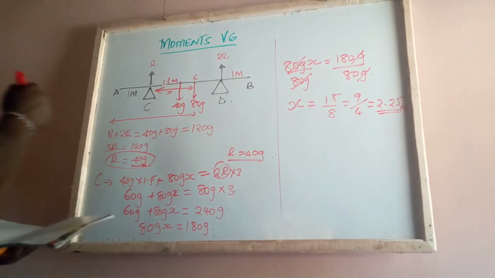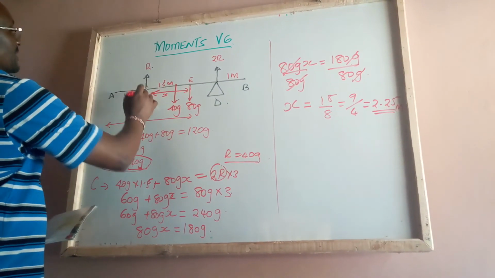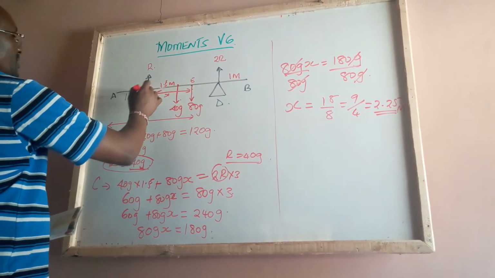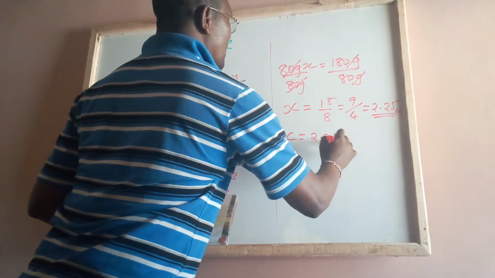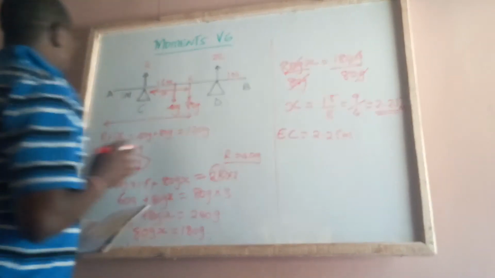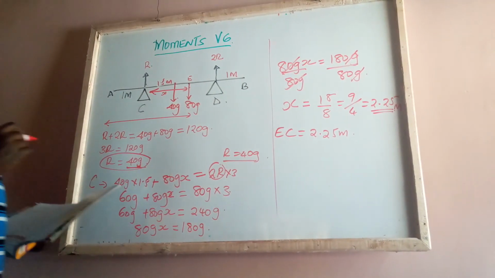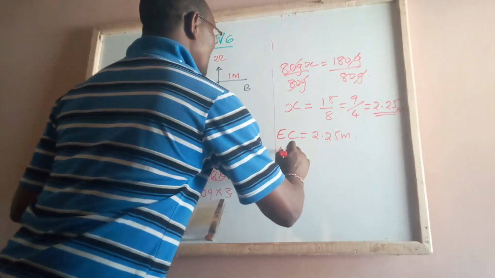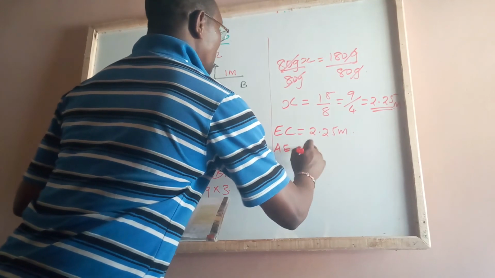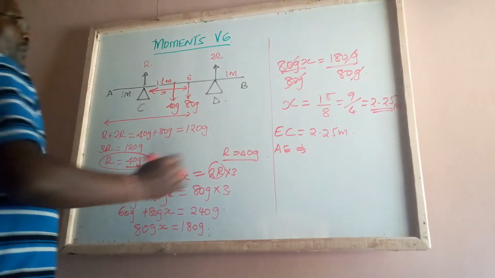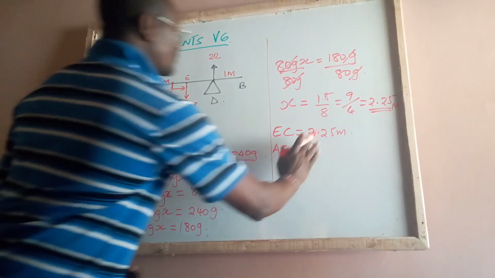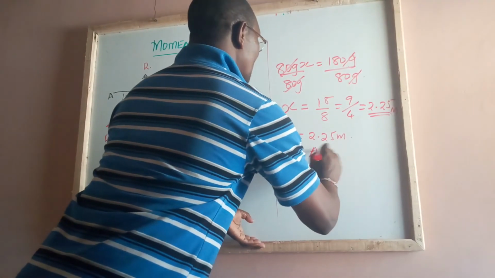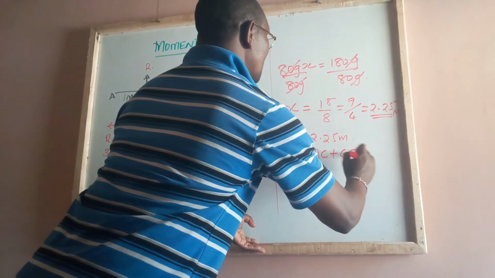Now, this is our value of X. From E to C, EC is 2.25 meters. But the question is AE. The question is AE, which is AC plus CE.